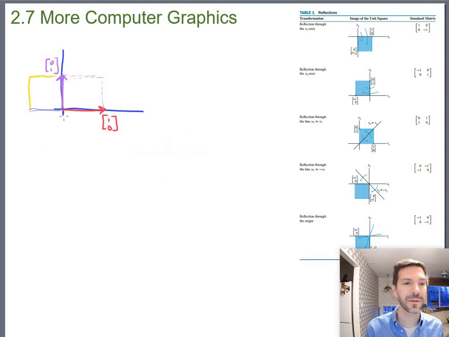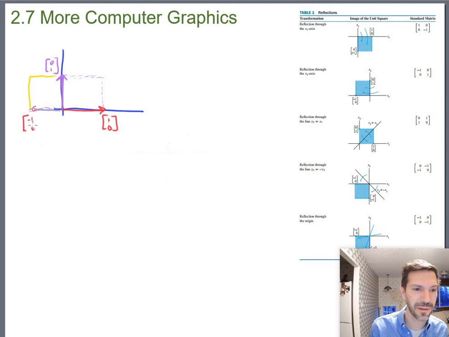Whatever happens to those, that will tell us how to make it happen for every other point. So you say the transformation of 1, 0 now is over here, the transformed version at -1, 0. And the transformation of 0, 1 is still at 0, 1.